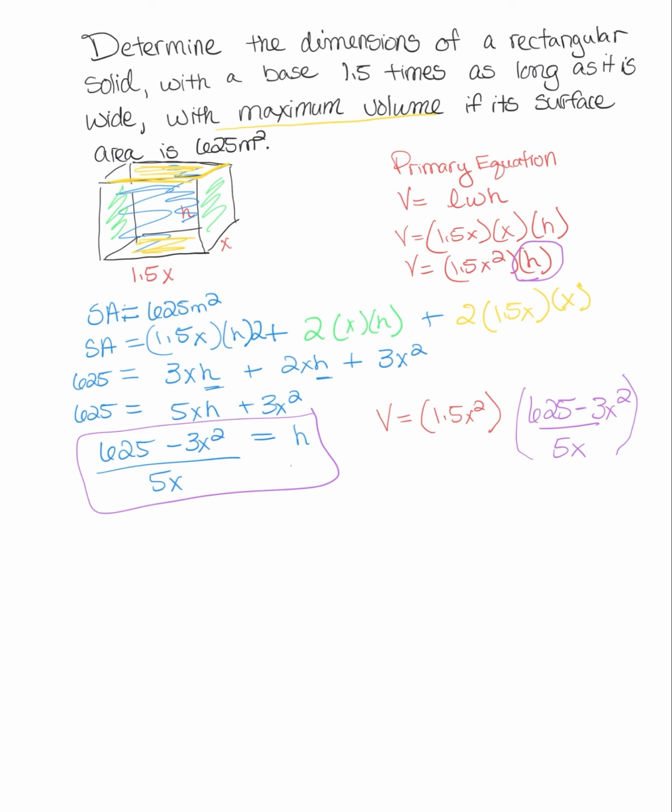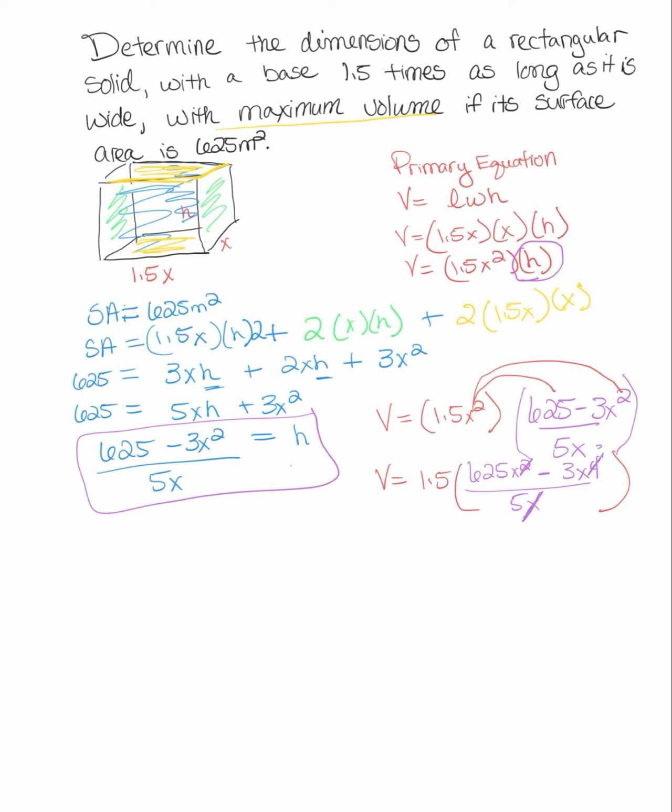So what I'm going to do is I'm going to multiply this x squared in there. So we're going to have volume equals 1.5 times 625x squared minus 3x to the 4th divided by 5x. Okay, well, this can go away because we're going to divide away that x.